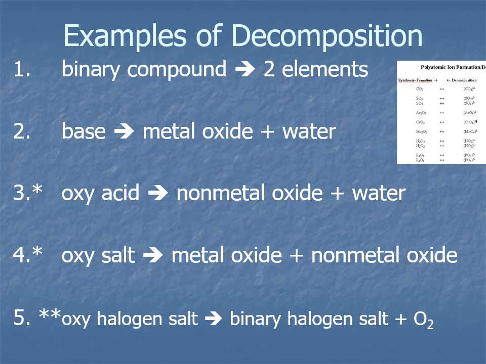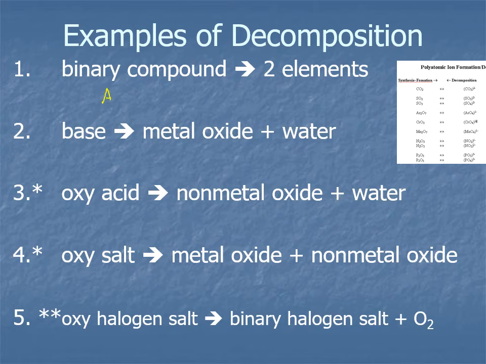Okay, examples. So I have to make some things up as we go here. So let's go ahead and make some examples up with decomposition. A binary compound can be anything. Let's go ahead and do, say, MgBr2. Actually, let me do this. That's a good example, but I've got a better example because of the diatomics.